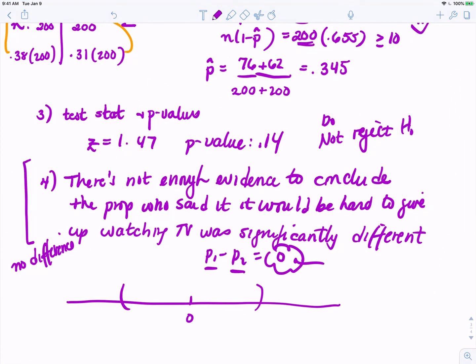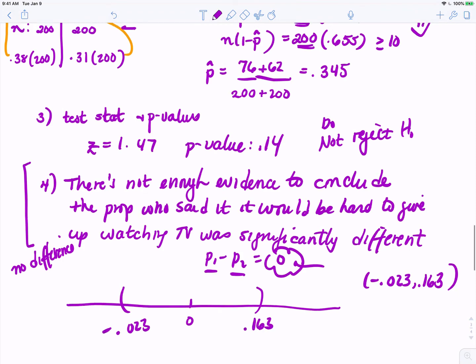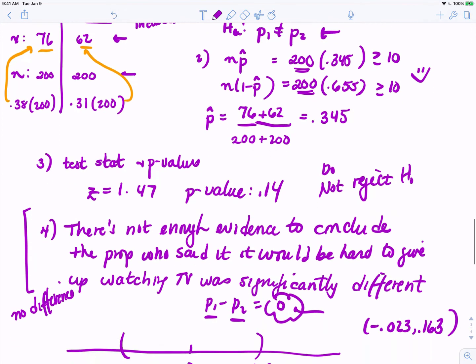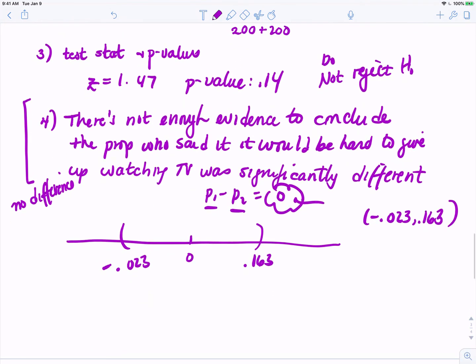Our interval is negative 0.023 and positive 0.163. Notice that we did get a negative number and a positive number. In other words, 0 is caught in between. So how does your interval support your hypothesis test conclusion? It includes 0. In other words, the population proportions could be the same.